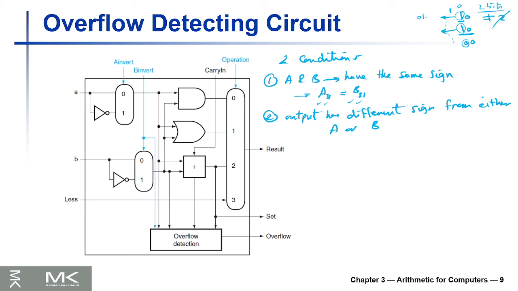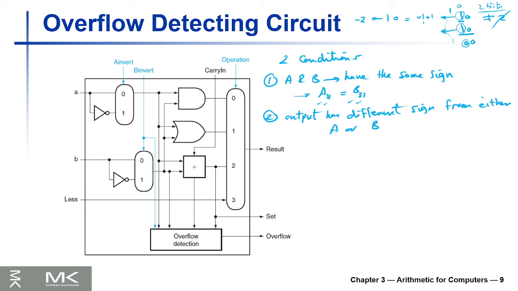This will be 0 1 plus 1. 1 plus 1 is 0, we have a carry of 1. This is 1 0, which is basically minus 2.